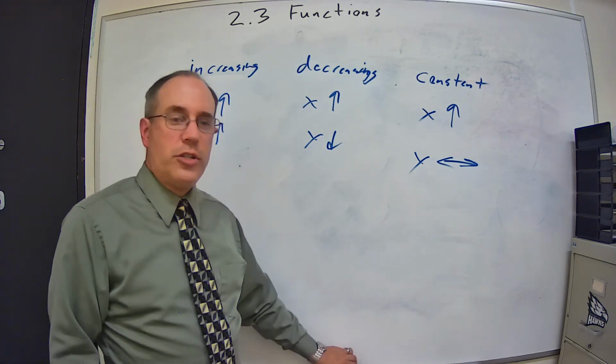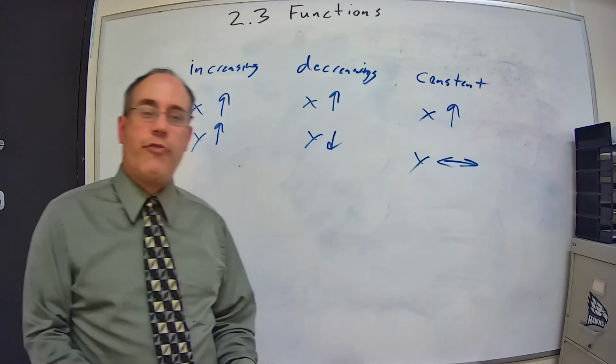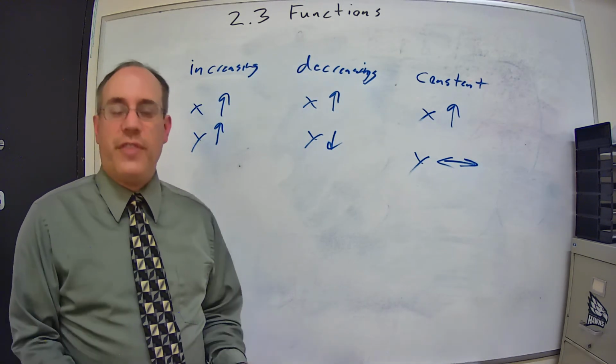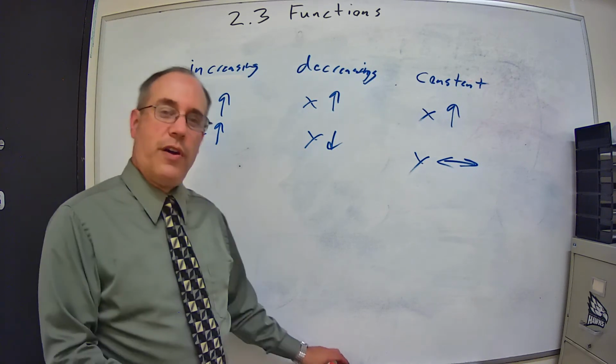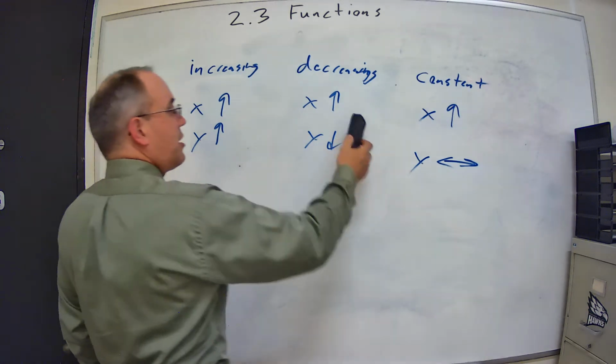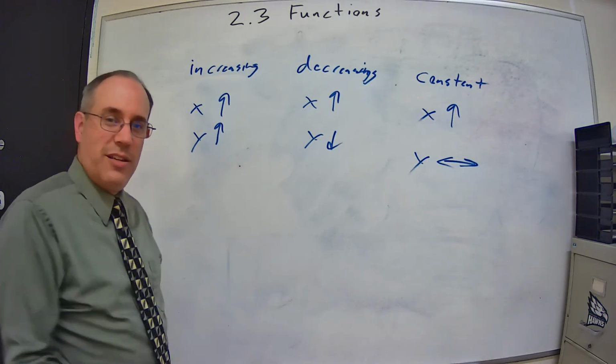Well, that's good. And there are certain functions that are always increasing, and certain functions that are always decreasing, and other functions that are always constant. But more often than not, you run into functions that are a mixture of these. They're increasing, decreasing, and constant at certain times throughout the function.